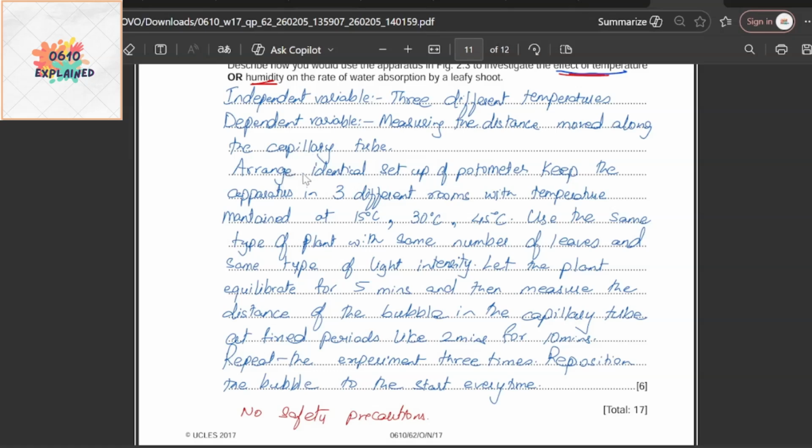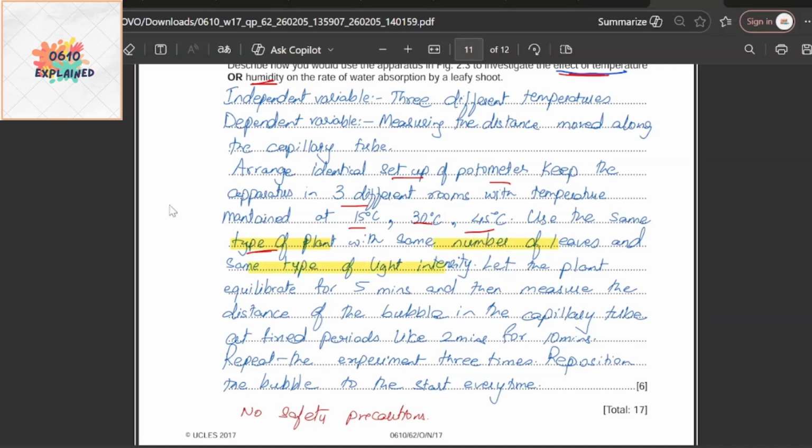Now the experiment will be set up similarly. Arrange an identical setup of potometer and keep the apparatus in three different rooms with a temperature maintained at 50 degrees, 30 degrees and 45 degrees Celsius. Use the same type of plant, the same number of leaves, the same type of light intensity.